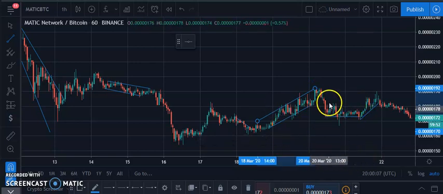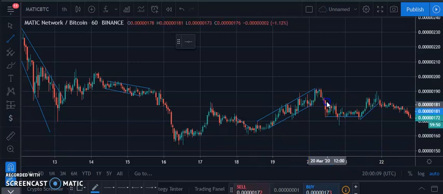This is a sideways channel. Sideways channel too.